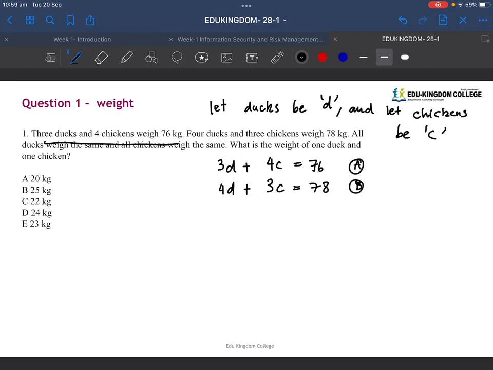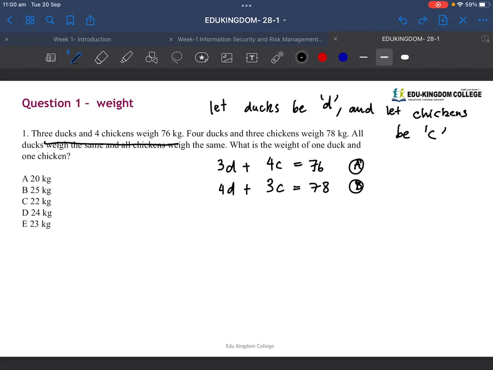Now, I have these two equations, but I still don't know what to do with them. Here, guys, I'm going to tell you how to sort this out. By using a process called simultaneous equations, we're going to solve this. First, I'm going to have to make the D's the same, and I'll show you why later.